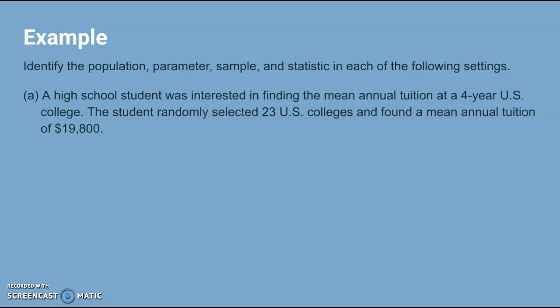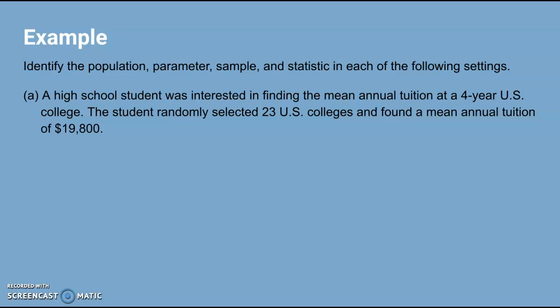For example, here we're going to identify the population, the parameter, the sample, and the statistic. A high school student was interested in finding the mean annual tuition at a 4-year U.S. college. The student randomly selected 23 U.S. colleges and found the mean annual tuition was $19,800.